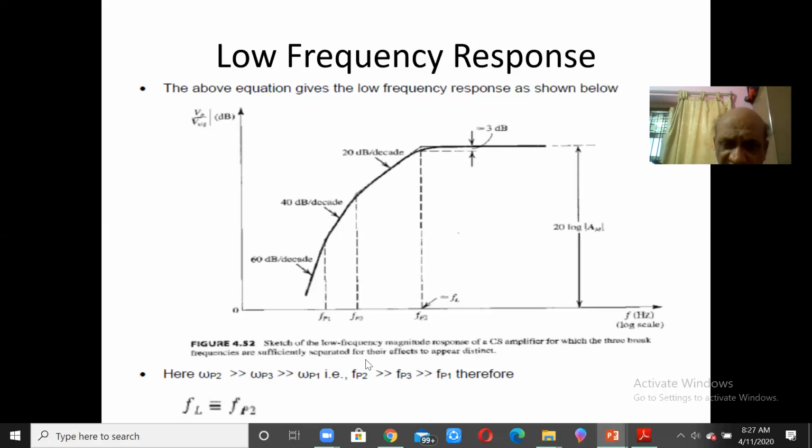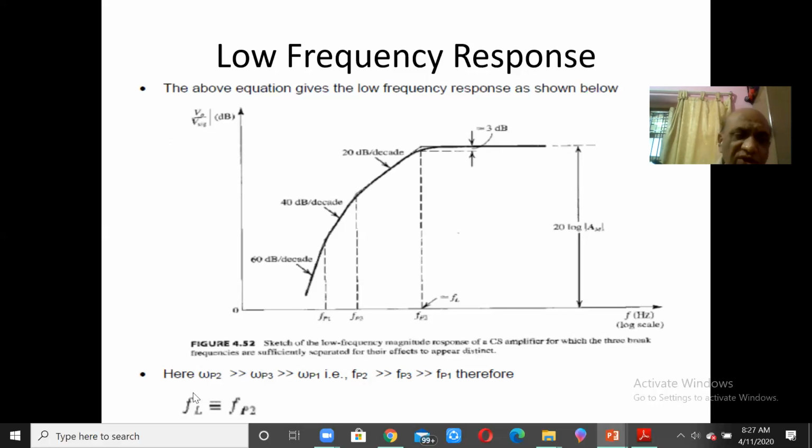In that case, the larger one is known as the dominant pole, and again we'll study that in control systems 18EC43 in more detail. This dominant pole has more say than the other poles.